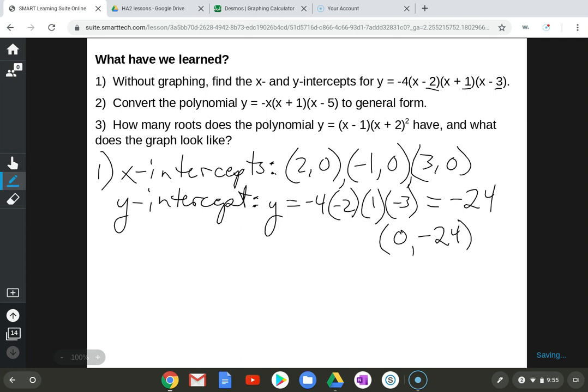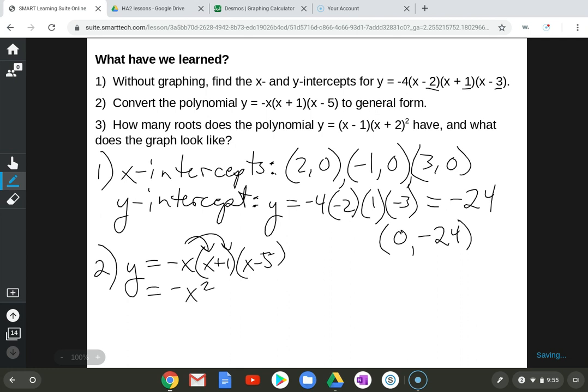All right, to convert the polynomial to general form, you just need to expand it, which just means multiply it out. x plus 1, x minus 5. The first thing I'm going to do is distribute this x into here. So what do we get? We get negative x squared minus x, and this whole thing times x minus 5. Now I'm going to multiply this guy by these two.